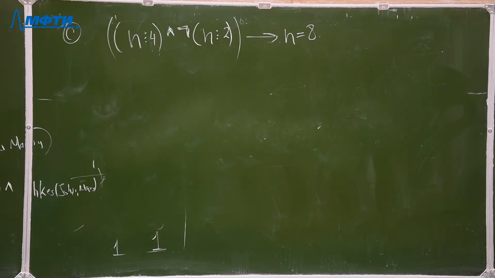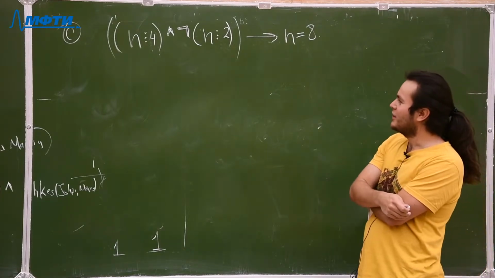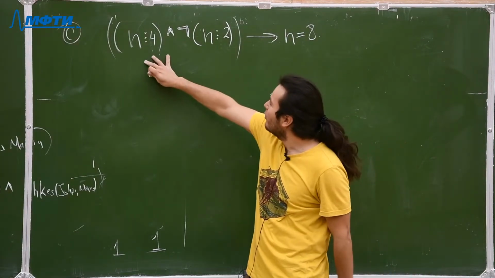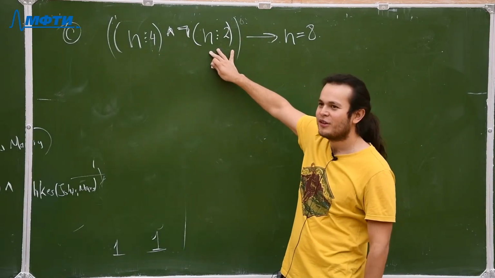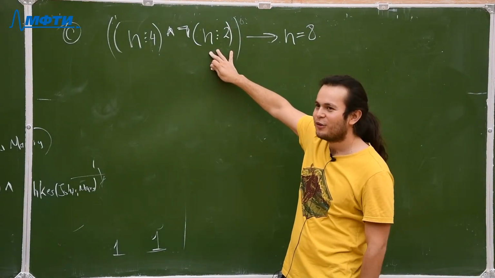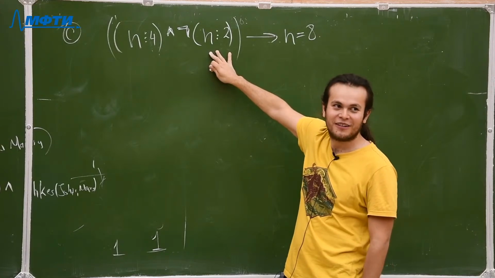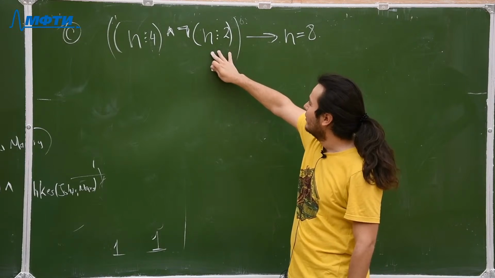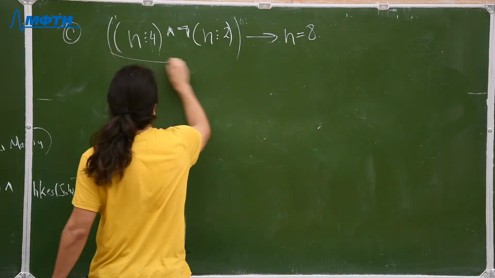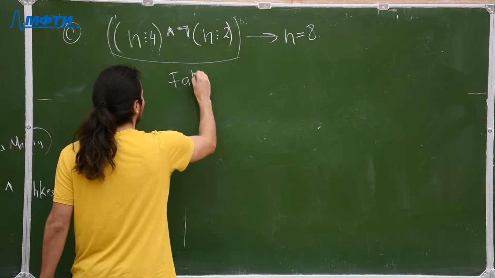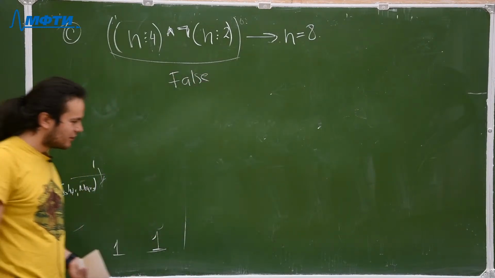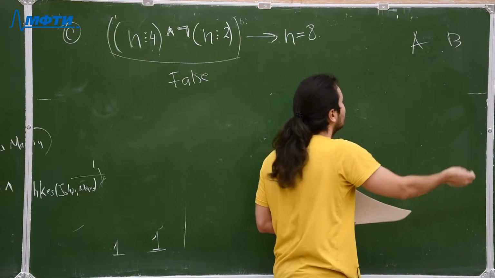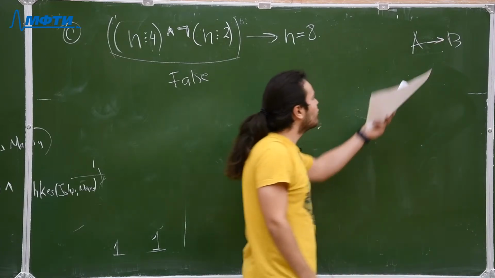So, is there any number that you can divide by 4, but you cannot divide by 2? Well, no, right? So this is false. But what happens when we have two statements, A, B, and the implication for these two statements?